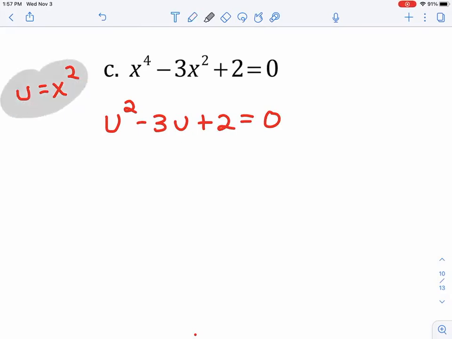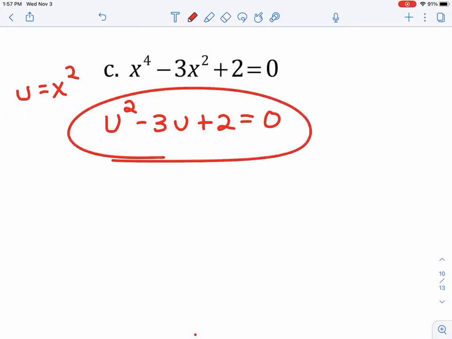Because remember, if u is x squared, then u squared is x squared squared, which is x to the 4th. So I replaced x squared with a single variable, which I then could solve for.